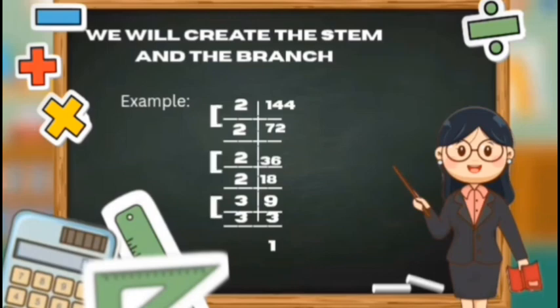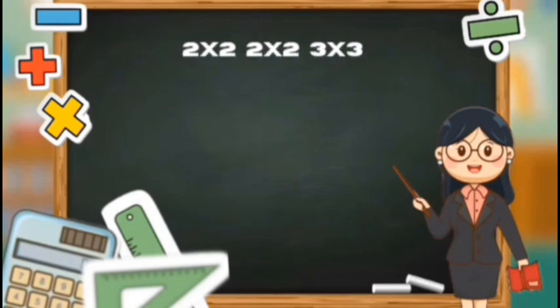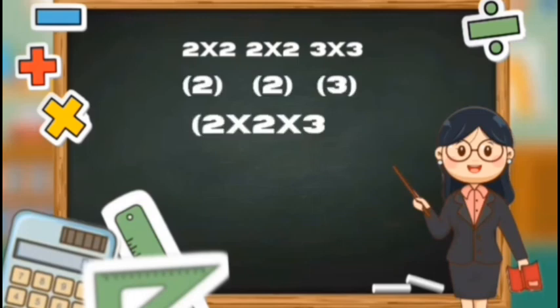After that, you're going to pair the numbers on the left side like this. And after you've paired them, you're just going to copy them like this. After that, you're going to take one factor from each pair like this. After that, you're going to multiply them to each other until you get the answer.